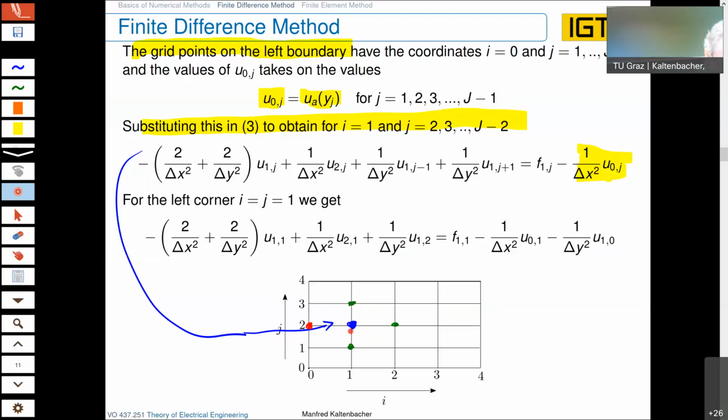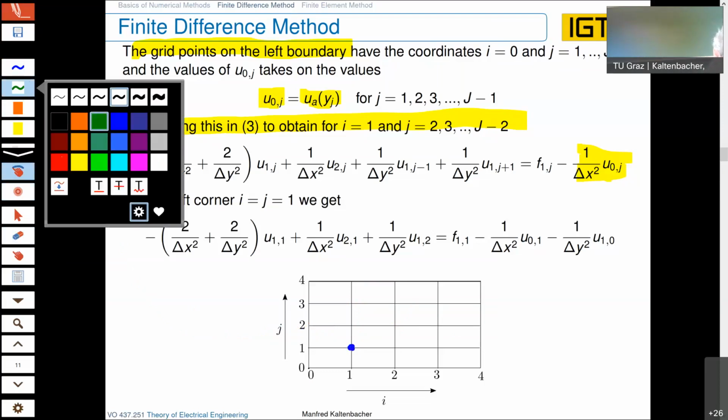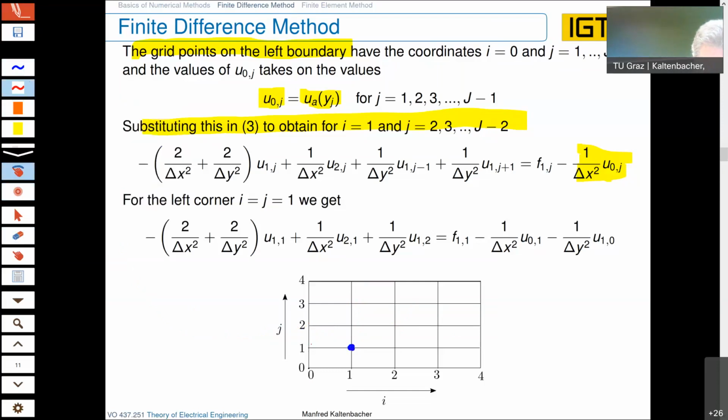So I hope you allow me to now clean this. That means now I'm looking at this node here. For this node, as we know, this and this node we need in our stencil are known.